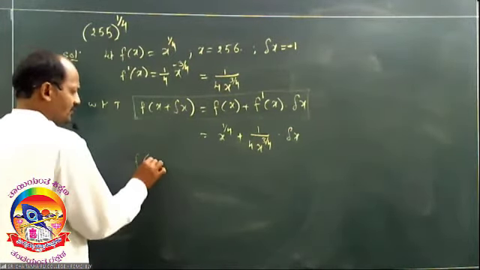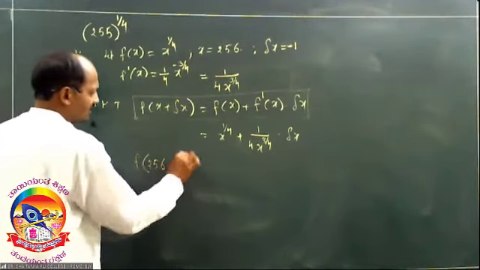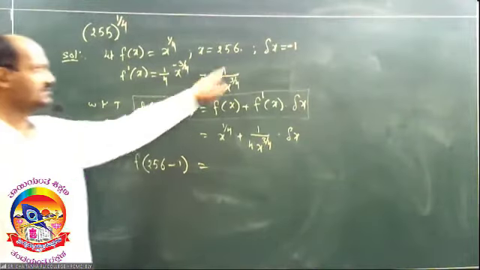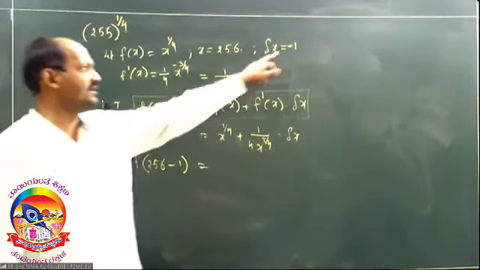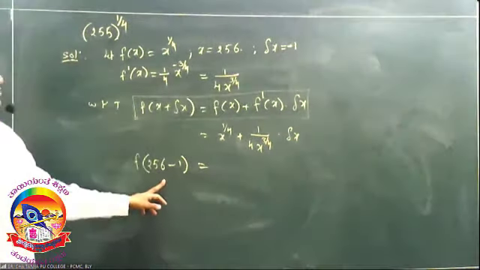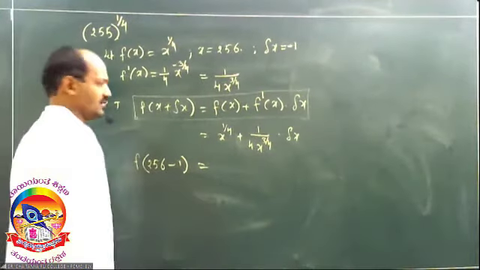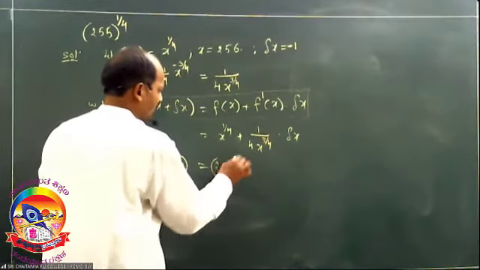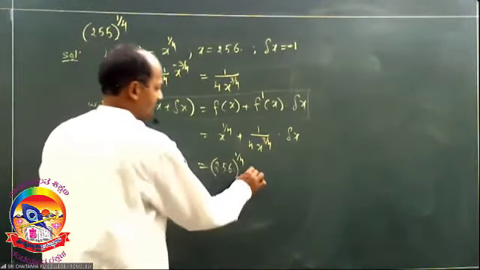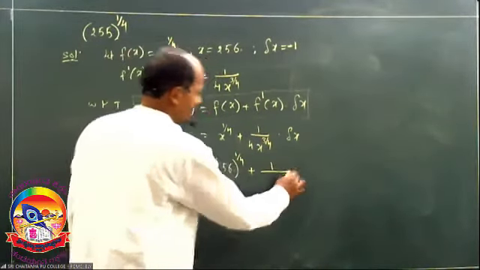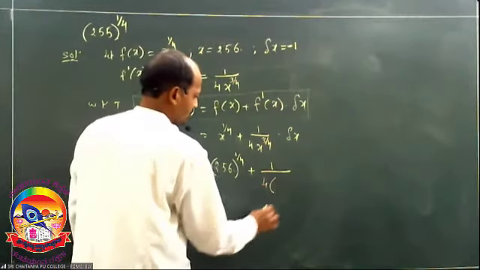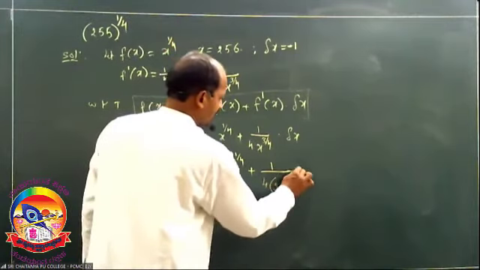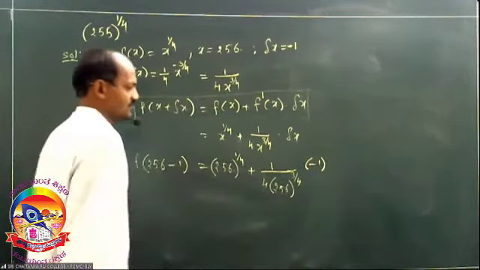Then f of 256 minus 1, that is f of x plus delta x. X value is 256 and delta x is minus 1. So it is 256 whole power 1 by 4 plus 1 divided by 4 into 256 whole power 3 by 4 into minus 1.